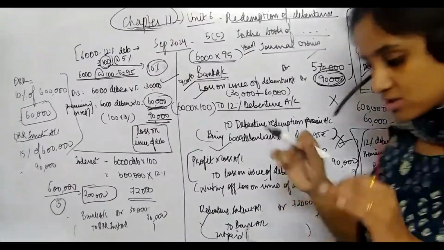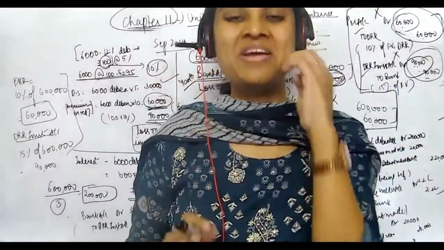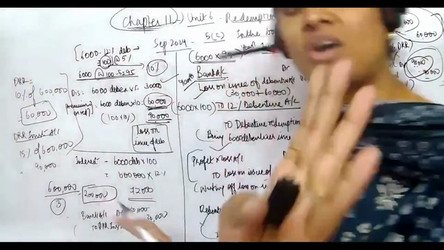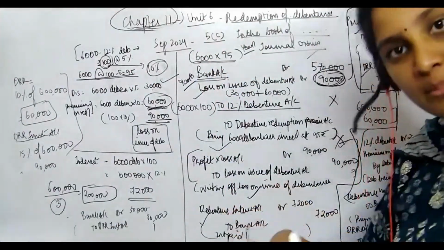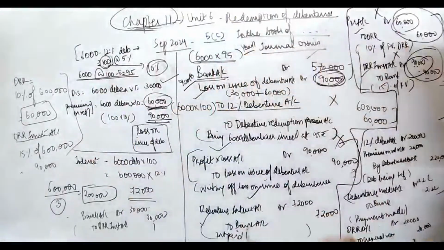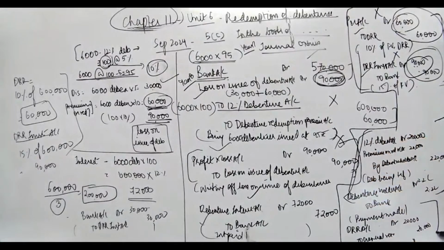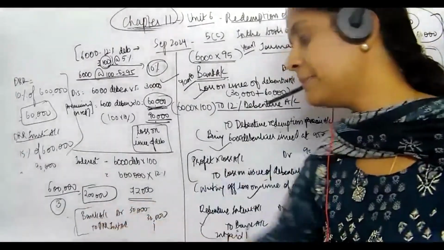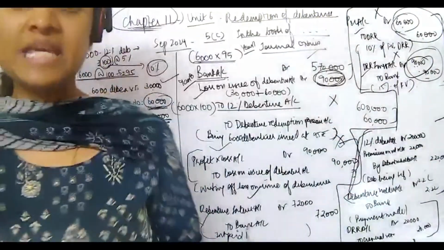So what are the entries that will come in the second year and the third year? Very, very easy. Only the debenture interest will come because you have to pay the interest on the remaining debentures. Then you will have the redemption entries and again these two entries. So there will be just 5 entries that I have to pass in year 2.